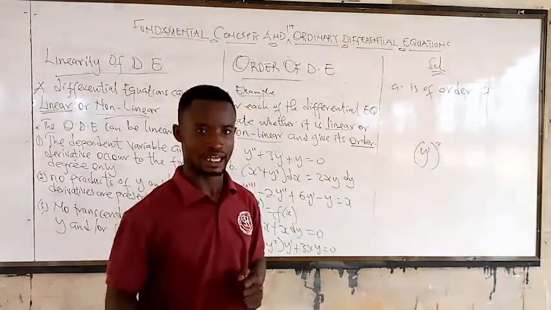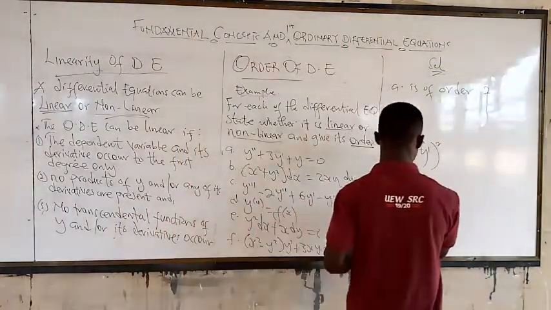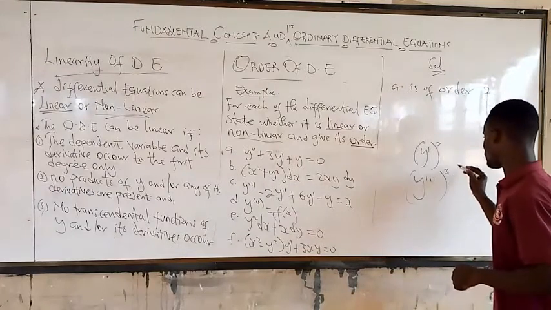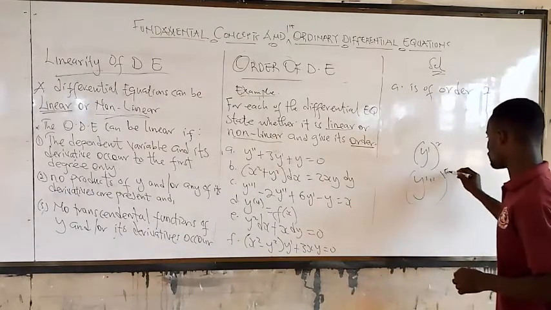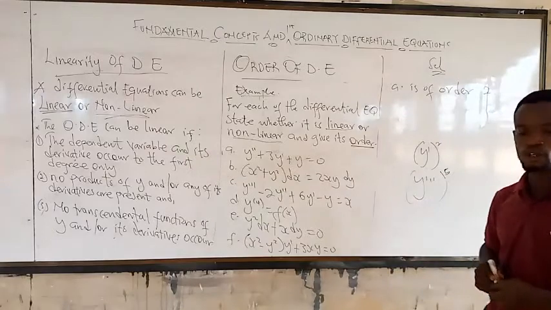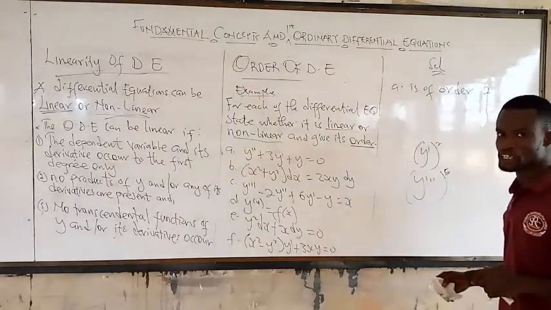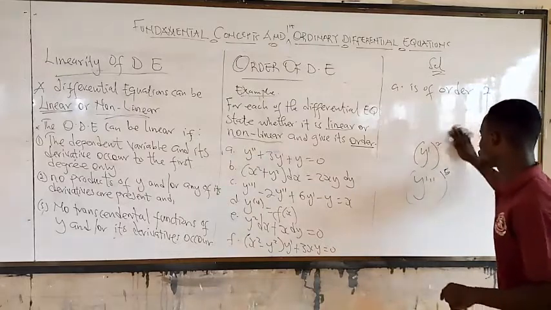This cannot be linear. And if we have even a third order and we have a degree of 3 or a degree of 5, these two fail to be a first order linear differential equation. So this is not linear.